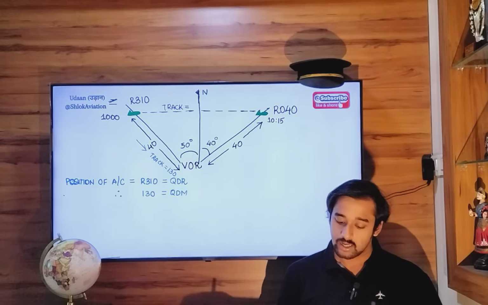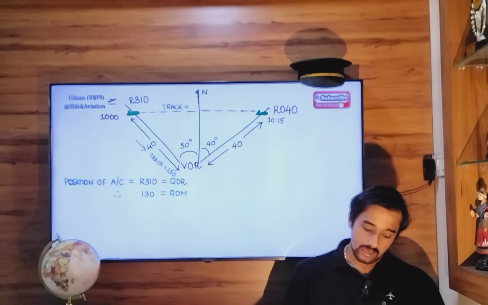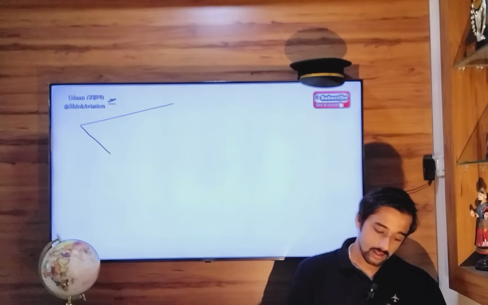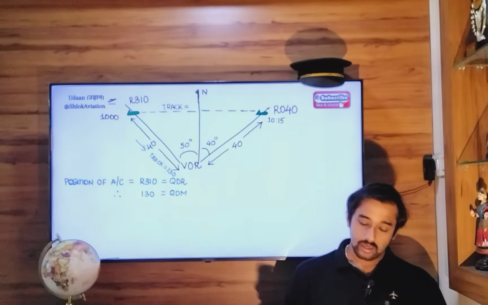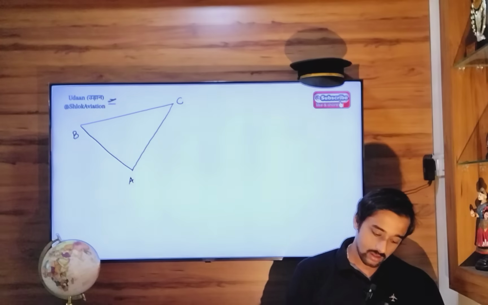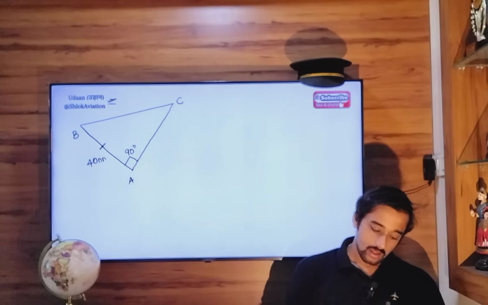So I'll draw this. We have a triangle ABC. The angle at A is 50 plus 40, 90. AB is 40 nautical miles and AC is also 40 nautical miles.